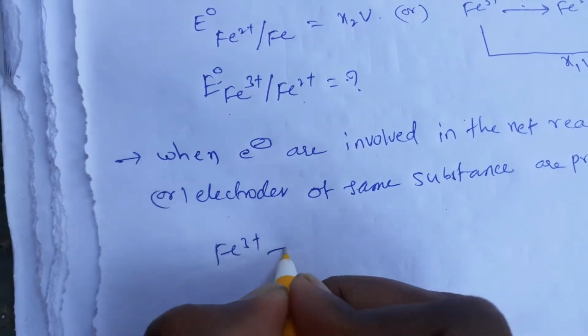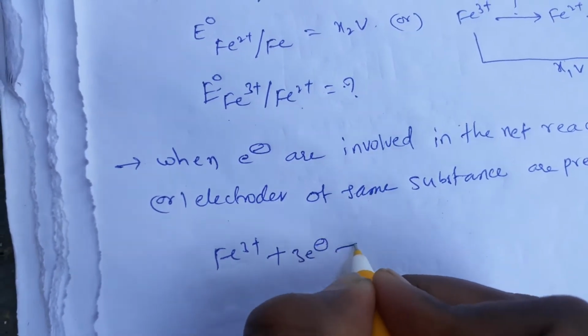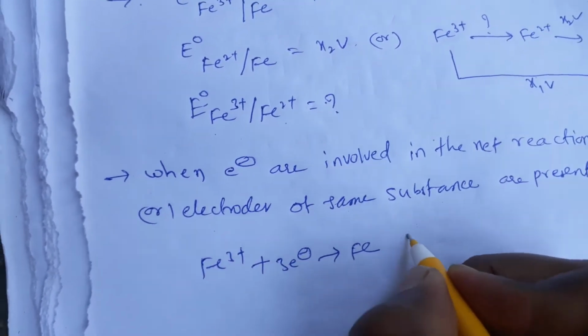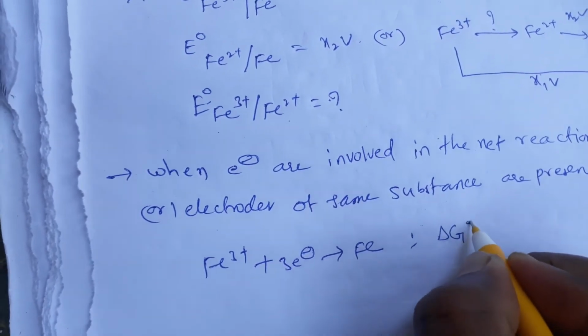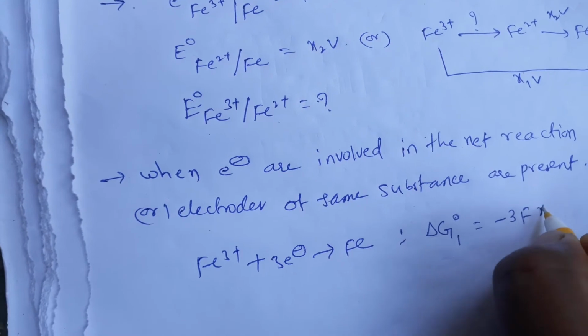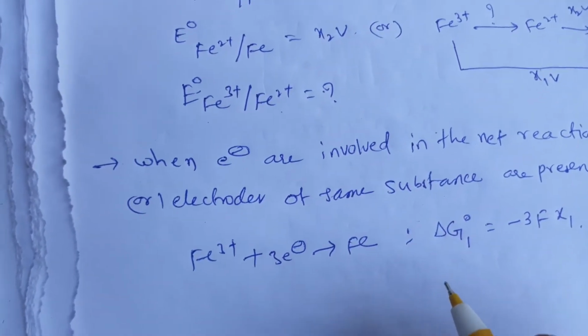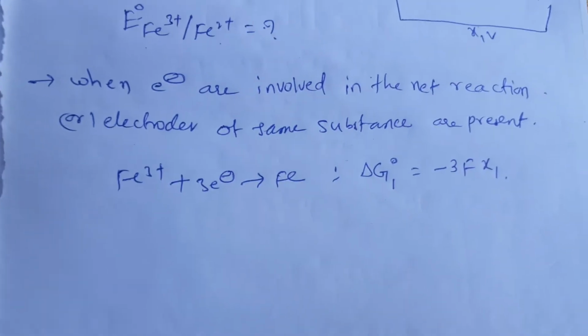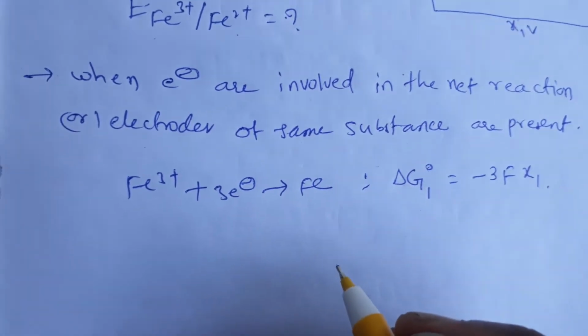So Fe3+ plus 3 electrons gives rise to Fe, where delta G naught 1 is equal to minus 3 Faraday into x1. Here E cell is given, E cell is equal to x1 volt, that means 3 Faraday x1.